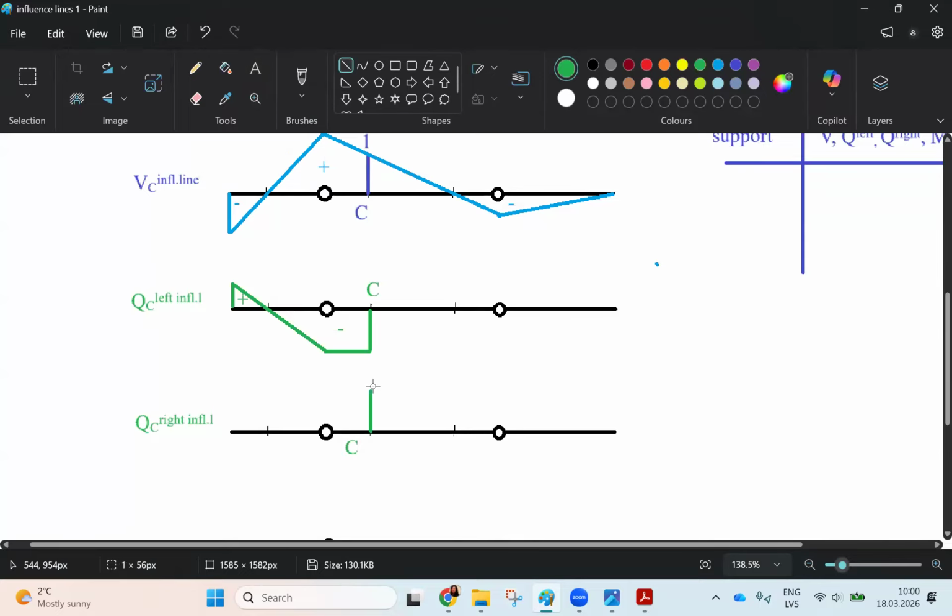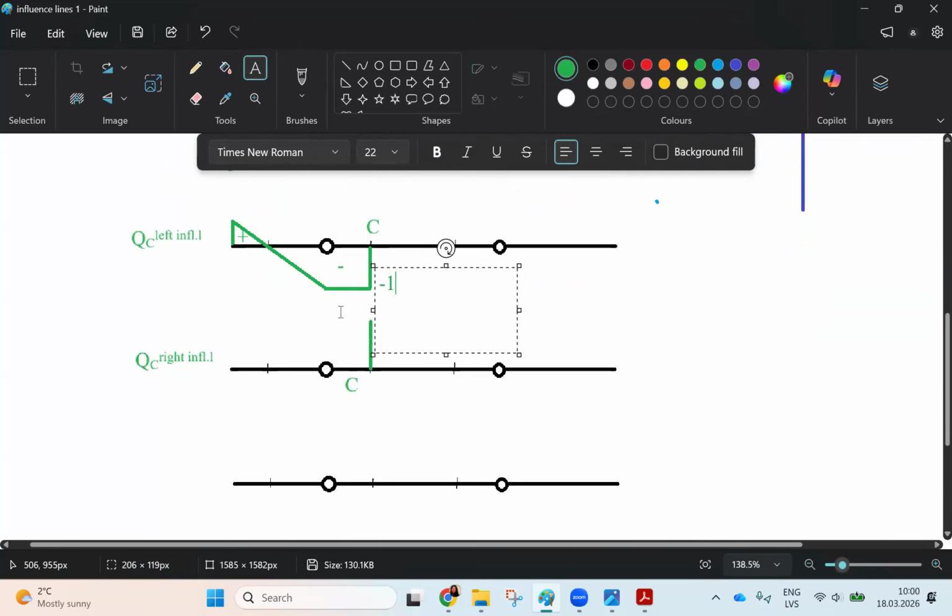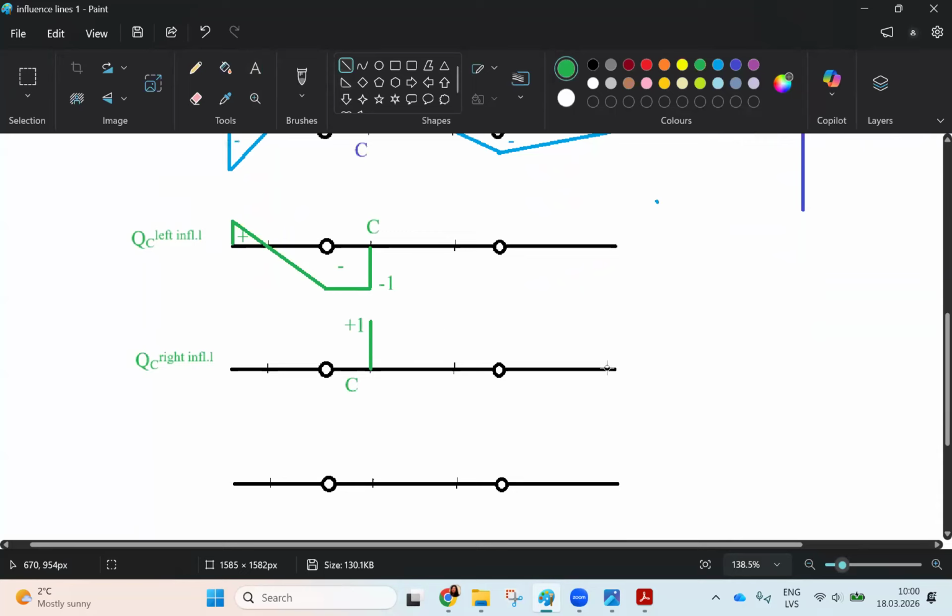In the very beginning, it's +1; that was -1, it's +1. We want to go to the right, and that's a support, so we go through 0 till the hinge, and at the hinge we change the direction, and we finish the influence line at the end support.